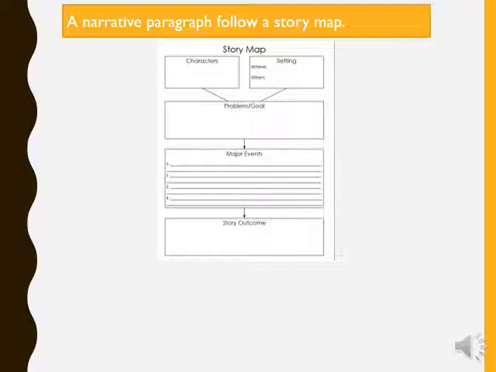As you can see in the story map, we have characters, the setting, where and when, place and time, the problem or the conflict. What is the problem in the story? The major events, which is called the plot also, what happened, and then the story outcome or the resolution or the lesson learned, and what happened at the end of the story. So this is called a story map.